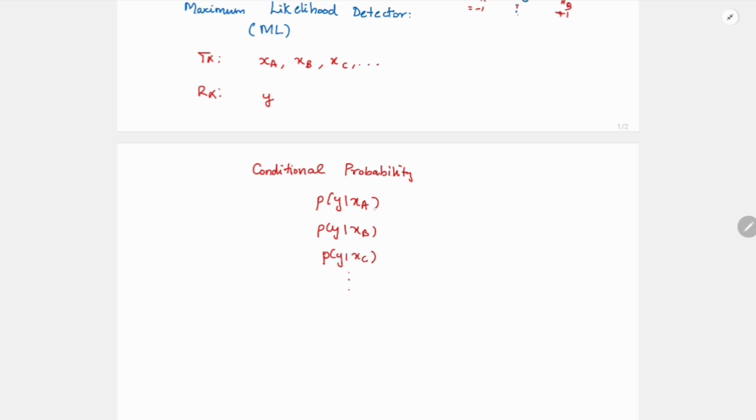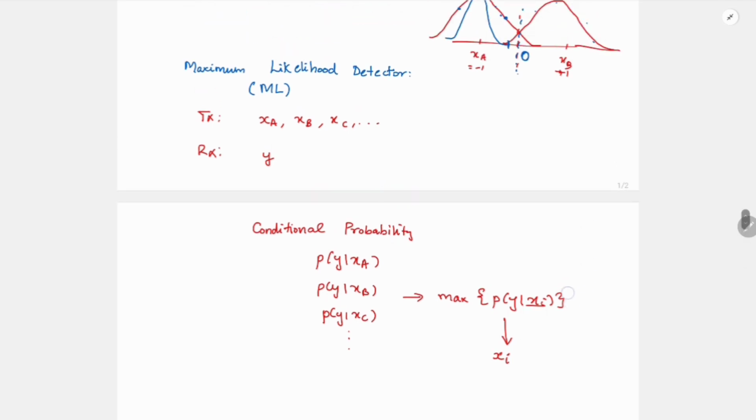I will compare all these and whichever is maximum, max of P of Y given Xi, I will classify that particular point as that Xi being transmitted. So this is easy, right?